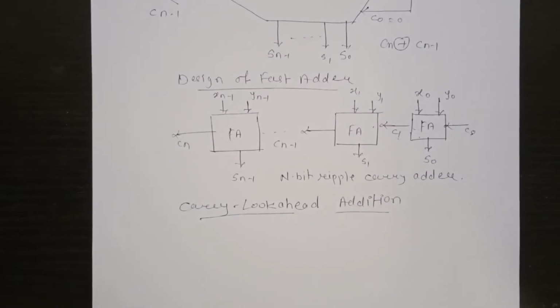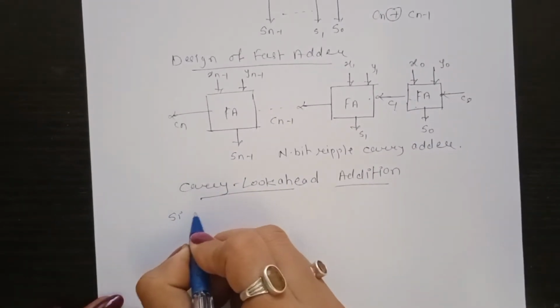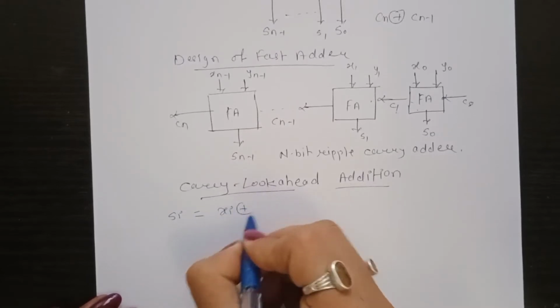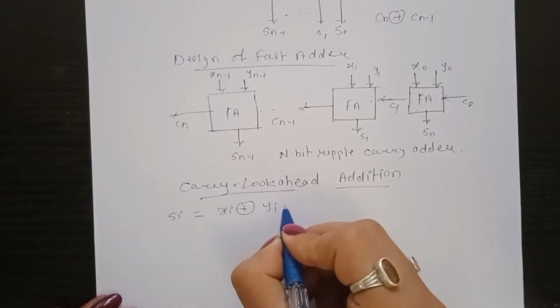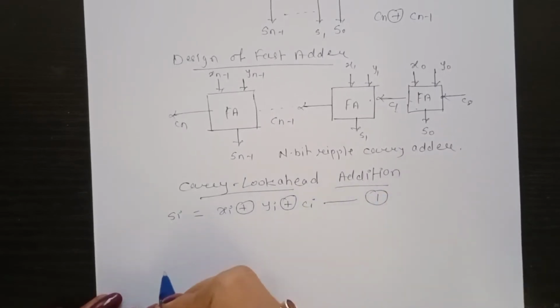So same in the carry look ahead adder, the expression for sum Si is what? Xi XOR Yi XOR Ci. This is expression number 1.